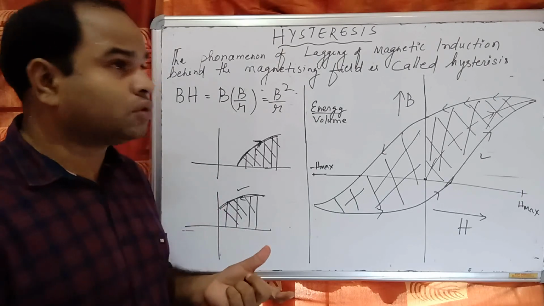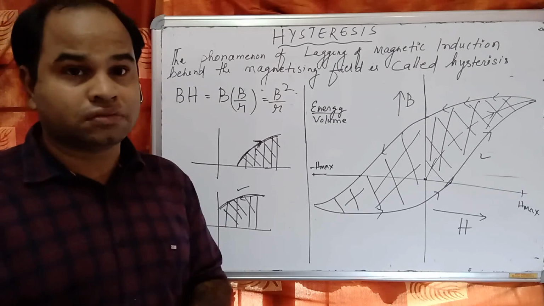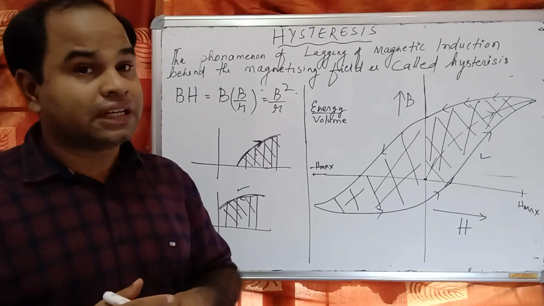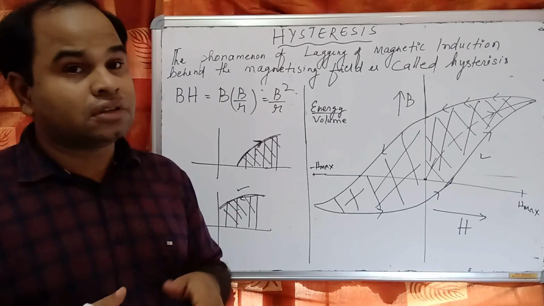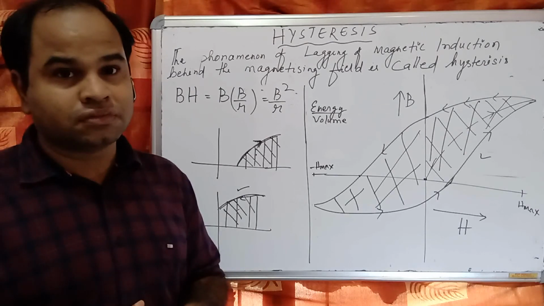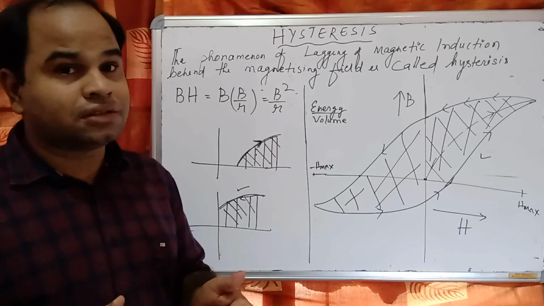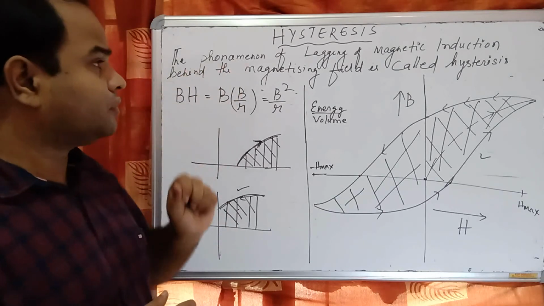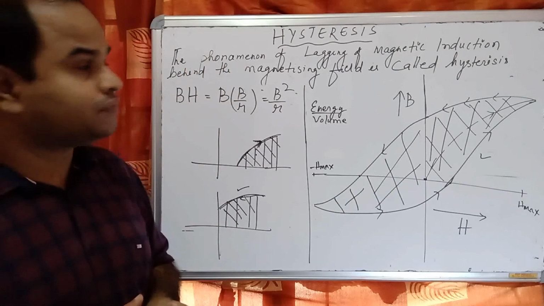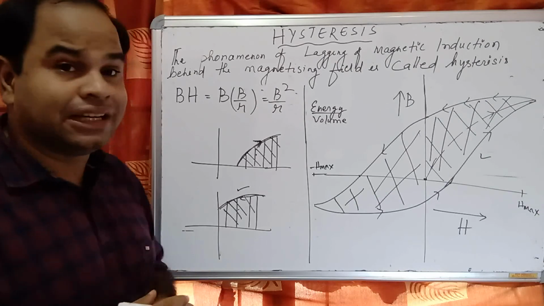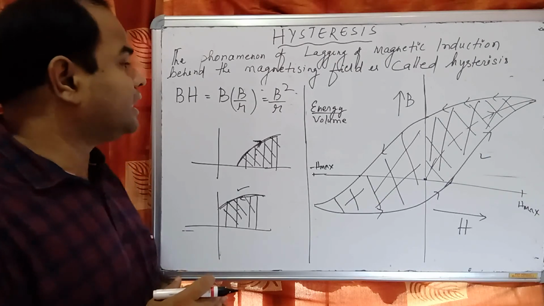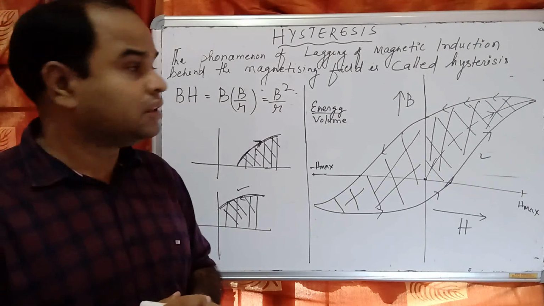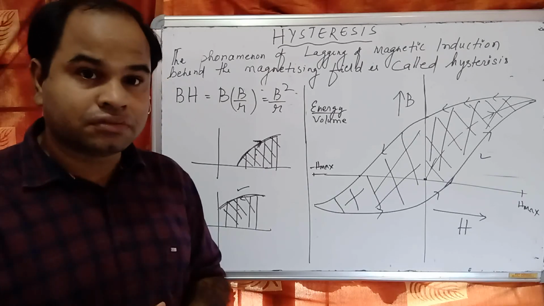This is also called hysteresis loss. Loss of energy per volume during this hysteresis. So what is this hysteresis? The phenomenon of lagging of magnetic induction behind the magnetizing field is called hysteresis.